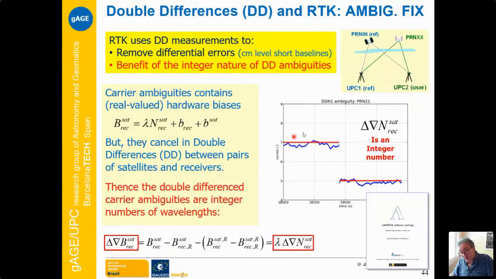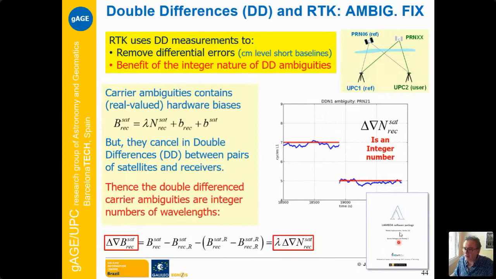If we are able to have an estimate of this ambiguity with noise smaller than one cycle, then we can estimate the exact value of the ambiguity just by rounding up a raw estimate of this ambiguity.